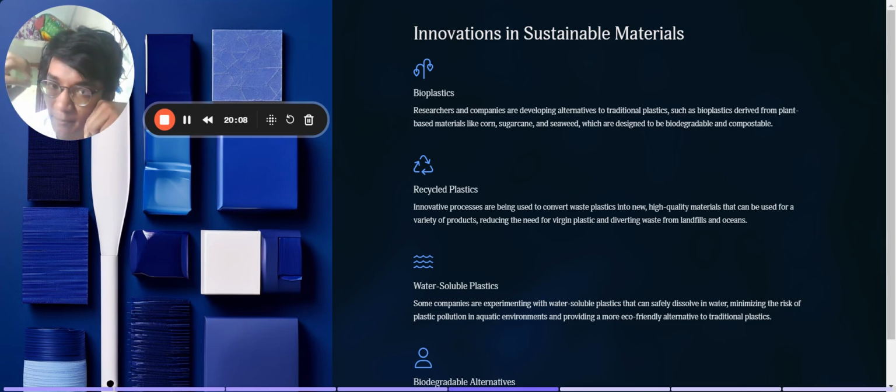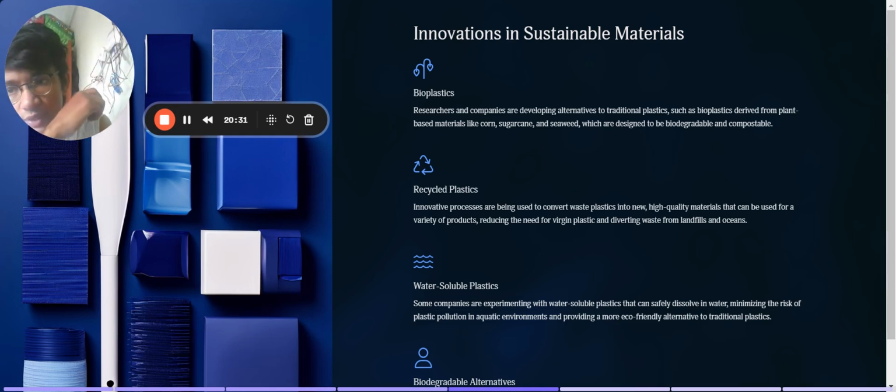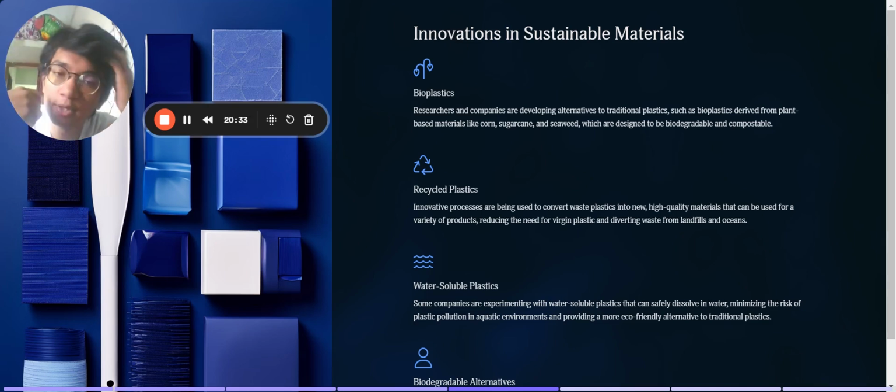We can make sure that we implement those plastics everywhere, and as soon as the use of that plastic is done, we can throw it anywhere, and it will biodegrade. Because it is biodegradable, it will degrade within some time, and it is a very good, innovative solution.